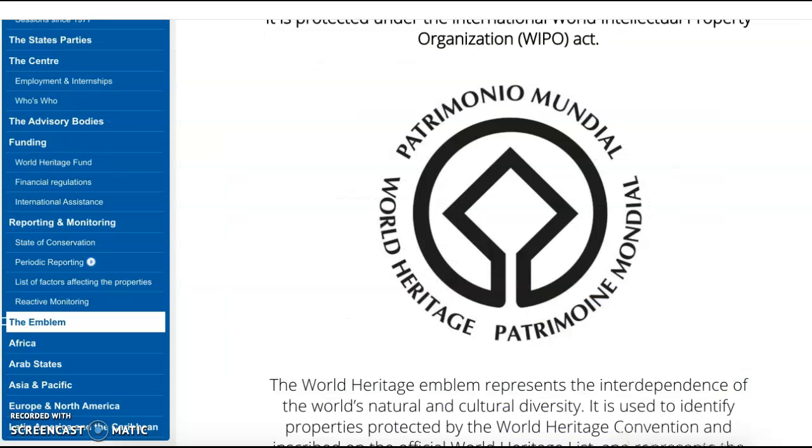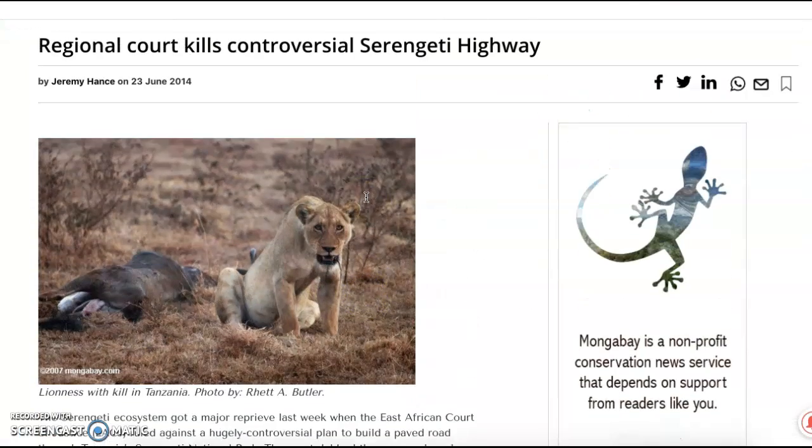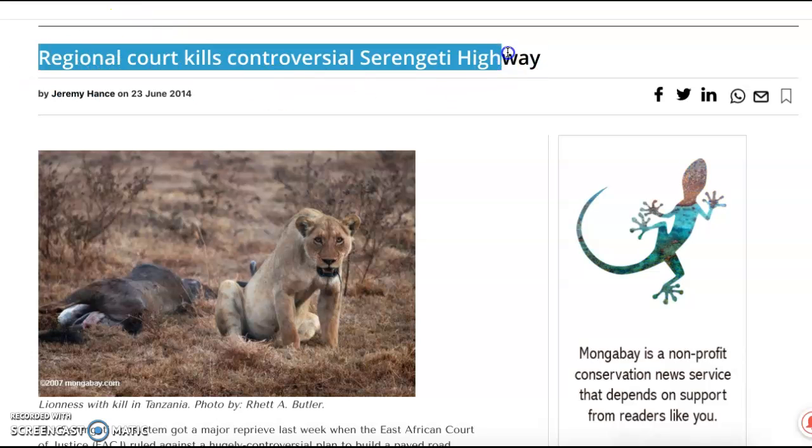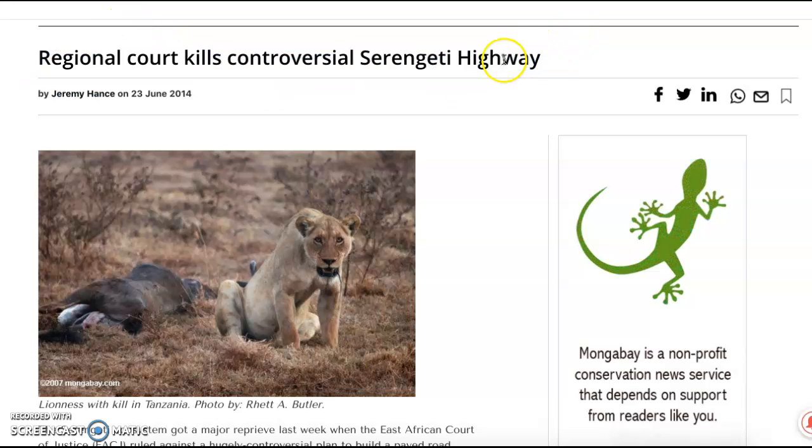So that's the UNESCO picture. I found a story about how they killed the controversial Serengeti highway. Now, how did I stumble upon this article? Well, I actually began in Wikipedia. There was a section about this highway on Wikipedia, and instead of just citing Wikipedia, oftentimes there'll be little tiny numbers beside pieces of information in the Wikipedia article.